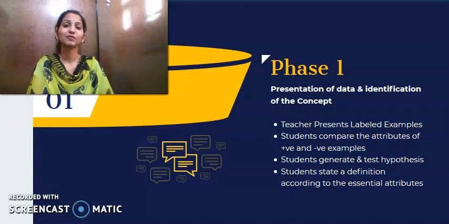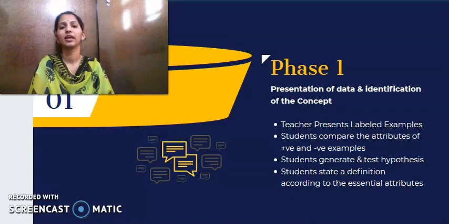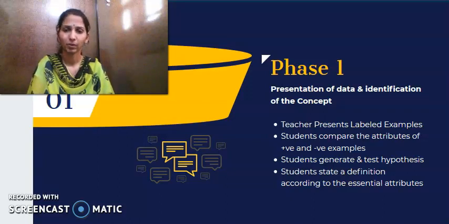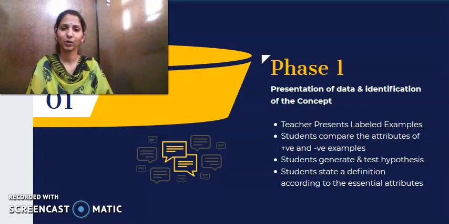Once the teacher presents the first set of positive and negative examples, the students are going to identify the attributes, compare them with the negative examples, and create one hypothesis. After that, the teacher presents a second set of examples, wherein once again the students identify the attributes, compare with the first one, and generate one hypothesis.